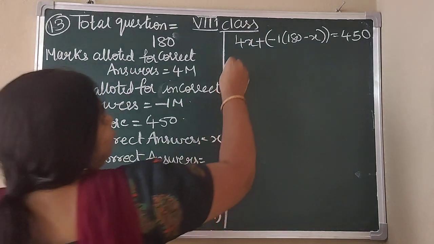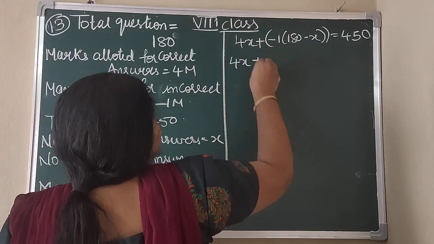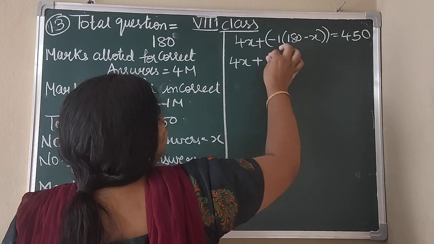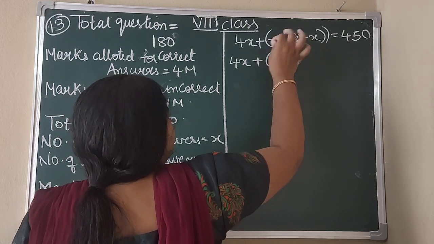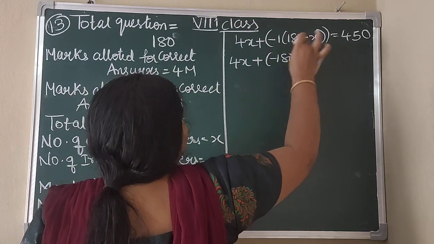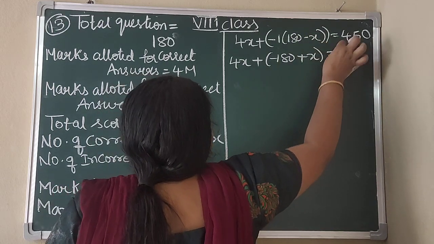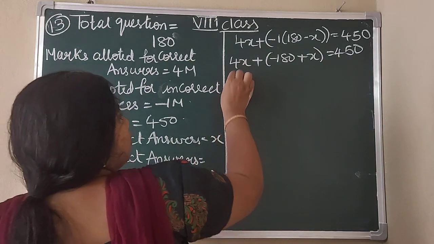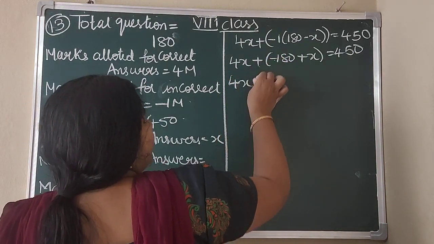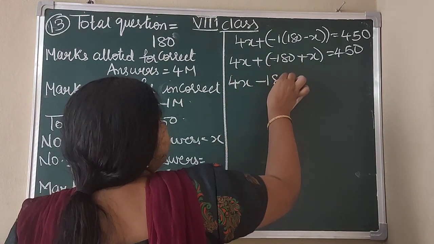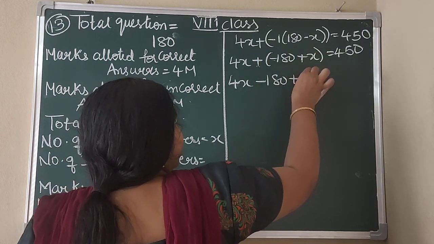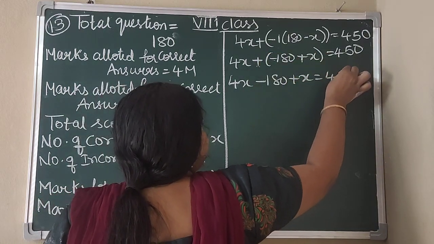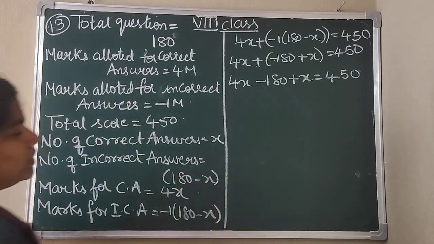Now 4x plus -1 into 180 will be -180, minus into minus will be plus, 1 into x is x, equals 450. Now double signs convert into single signs. So 4x, plus into minus will be -180, plus into plus will be plus x, equals 450. Now you can solve this.